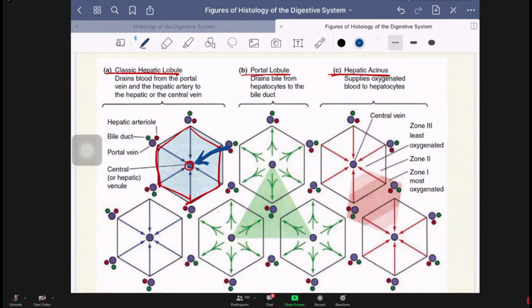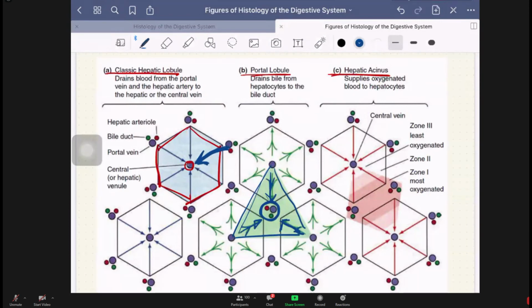Now the portal lobule is centered around a portal triad, and on 3 sides there will be 3 central veins. It is triangular in shape, and it is related to the function of transport of bile, because from all these directions bile will be transported towards the bile ductule of the triangle.